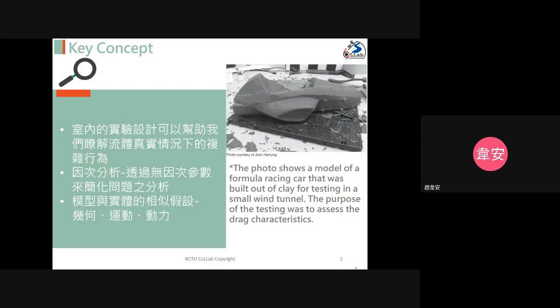And then we need to consider the model and the prototype. How can we use the model to predict the prototype behaviors? There are three similitudes we need to satisfy.